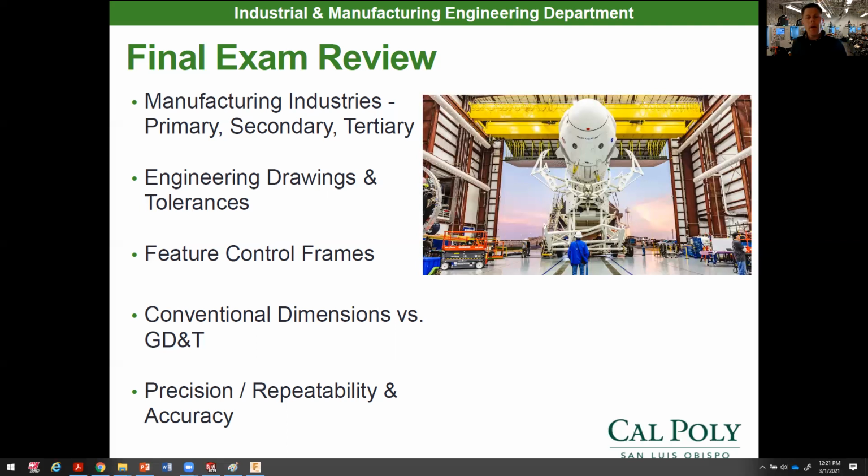From there, we learned that whenever we're going to manufacture something in either the secondary or the tertiary or the primary industries, we usually create what we call an engineering drawing. And that engineering drawing has all of the tolerances that are needed for that part to function as intended by the designer or the engineer, the mechanical engineer.